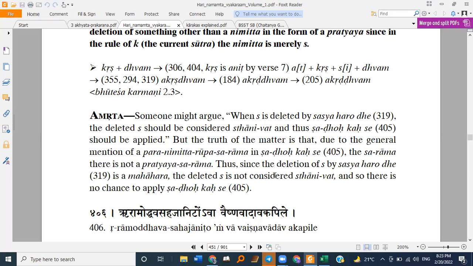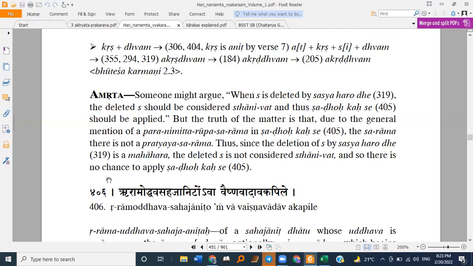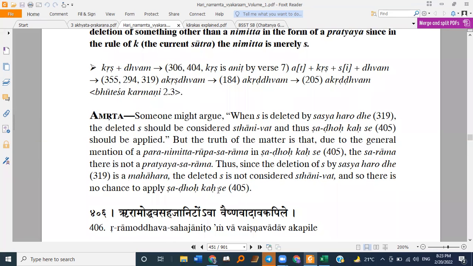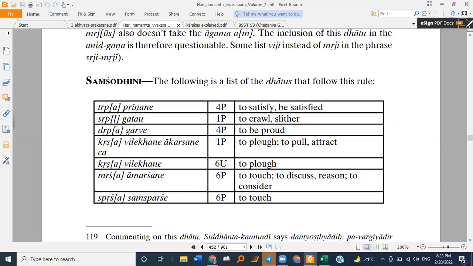Okay, so it's because the Sa came from C and it wasn't in the Dvam. That's one thing. Another thing is that it is Mahahara. So it's not Sthanivat anymore. So there is no chance to apply Shadokase. So we don't have any Paranimitta remaining. Okay. So yeah, so that is Mahahara. Okay, thank you.